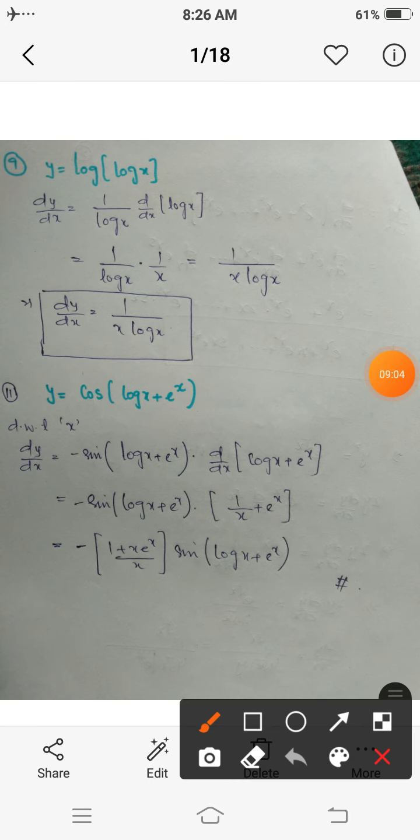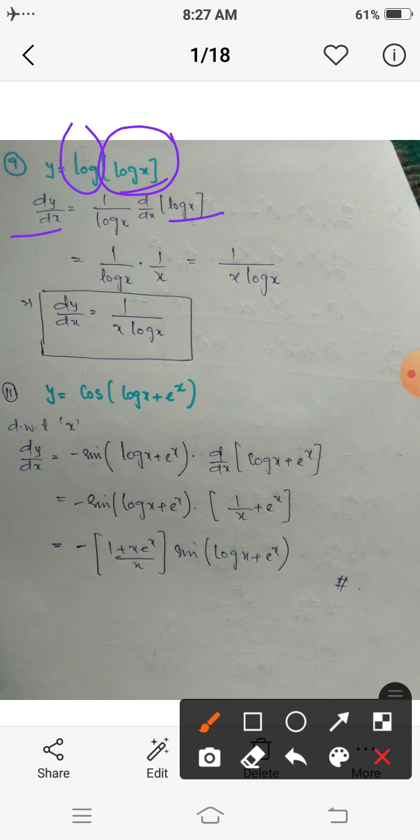Find the derivative of log log x. So it is the composition of two functions, log and log. Differentiating and using the chain rule, dy by dx is, differentiation of the first log is 1 upon this, it is 1 upon log x. Then we have to differentiate this log, it is d by dx of log x.